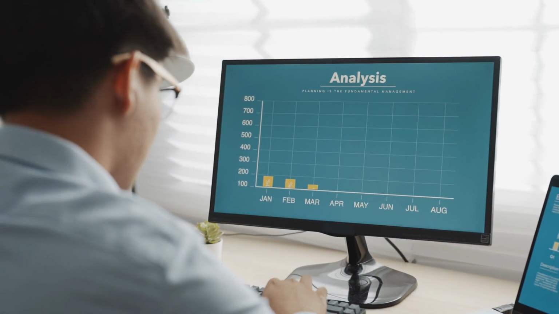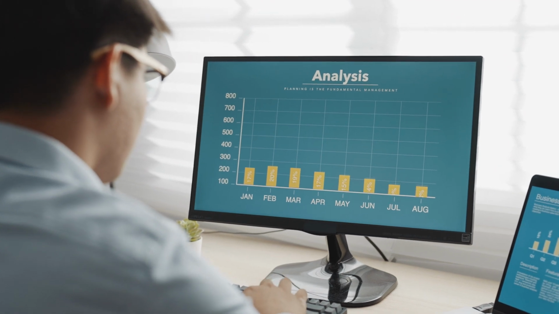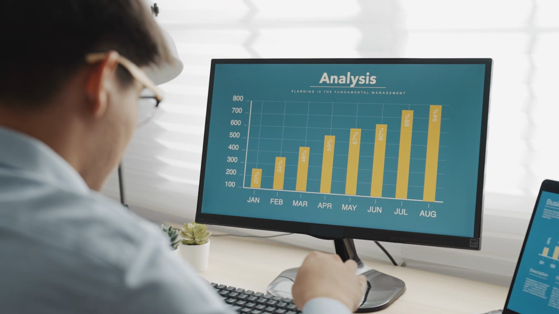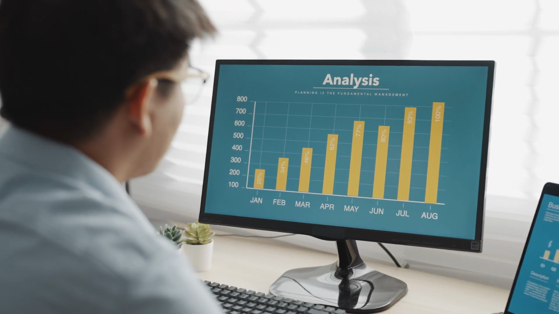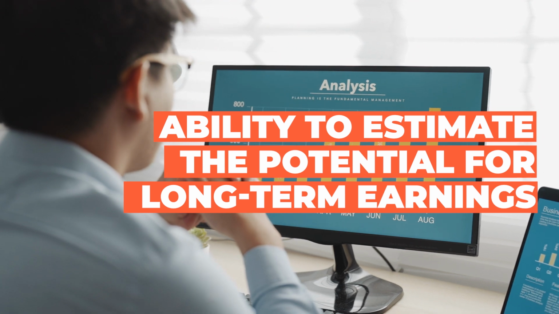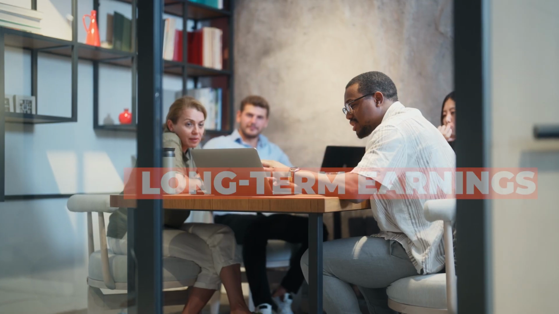Keep in mind, our end goal is to confirm that the business has positive earning trends, which will then help us to determine the viability of the business and give us the ability to estimate the potential for long-term earnings. After all, your borrower will be paying the mortgage payment from the money earned from the business into the future, and we want to do our best to set them up for success.